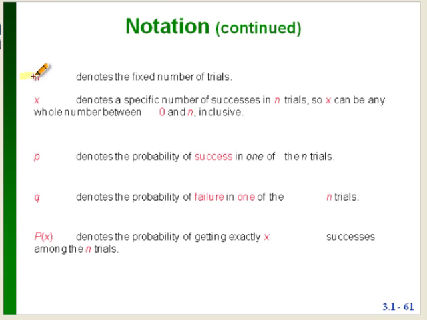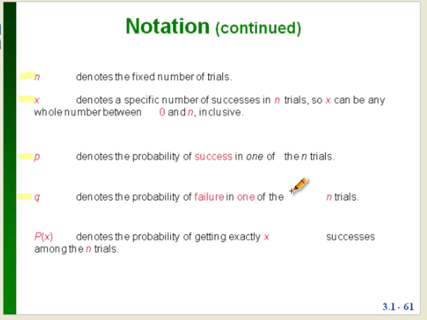N is the number of trials. X, usually we use that to stand for a possible outcome, so this could be any specific number of successes in our N trials. So for binomial distribution, this can be anything between 0 up to N. Small p is the probability of success in one of the N trials.